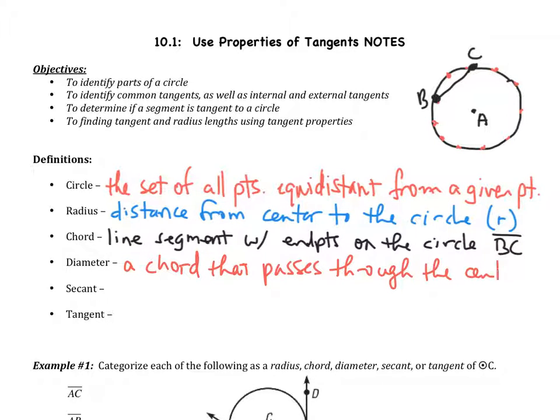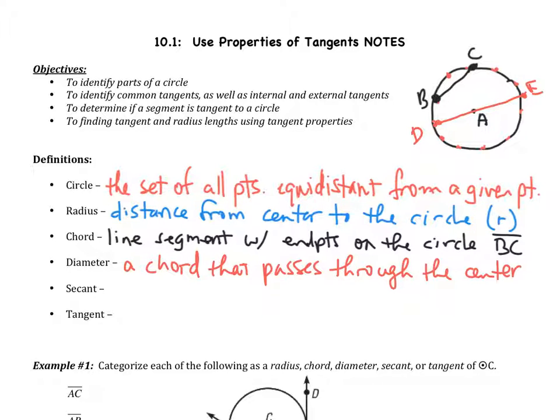The diameter is going to be the longest chord possible. An example here is this line that I just drew, and I'll label it D and E, passes through the point A. So it still looks like a chord, like BC, but it specifically passes through the center.